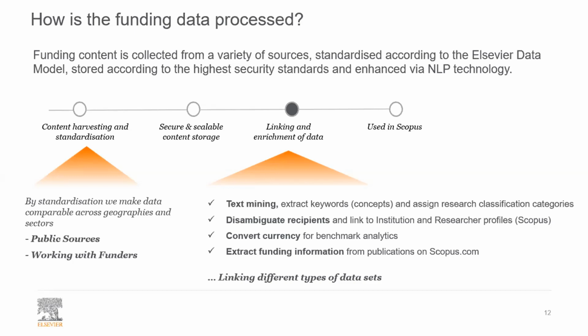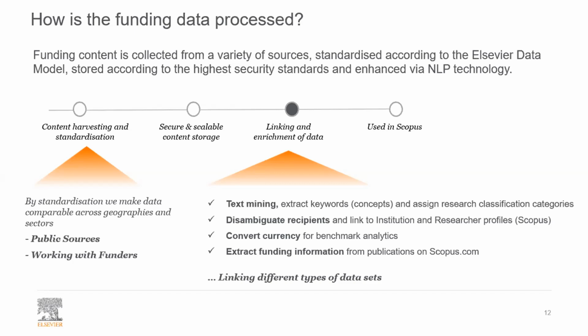And the first step we take is to standardize the data according to the Elsevier data model. The underlying model makes collected metadata comparable across geographies and across sectors, right? Because a simple example, some funders will call it a title, some funders will call it a name, and so on.